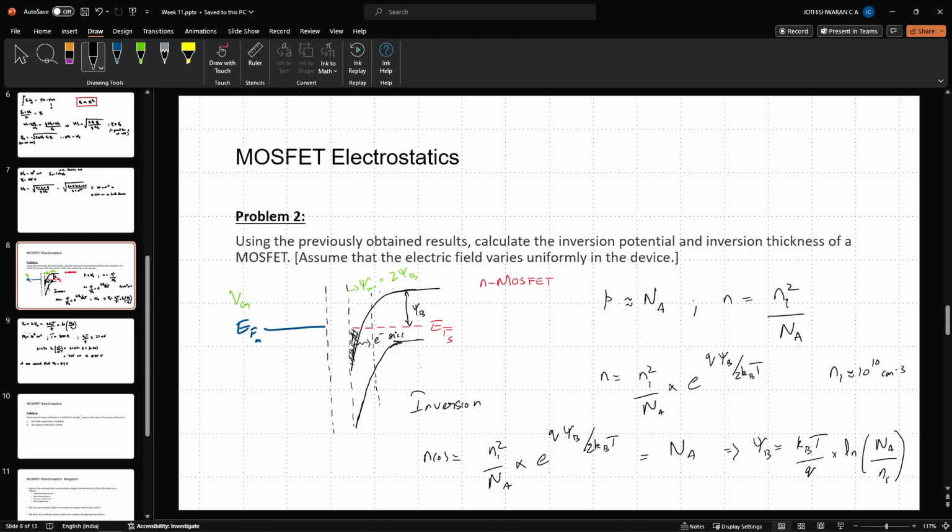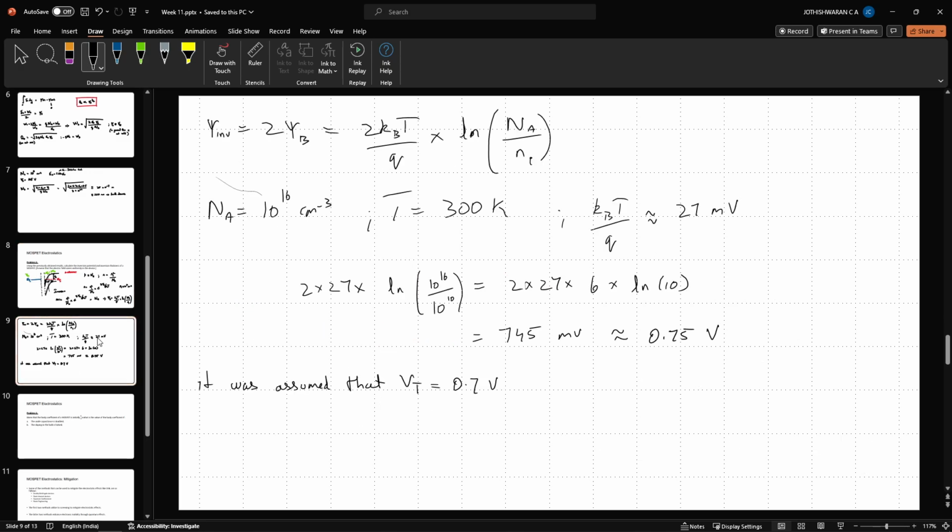I'm sorry, I got a bit confused with my words there. So what I will essentially say is Q inversion is equal to minus Q times Na into T inversion.